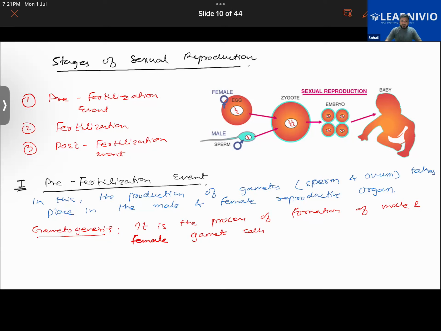Like in the chapter you would have studied on reproduction in plants, there you would have studied that male gametes are formed inside the anther of the flower. Remember that? For those of you who have studied that, you would have pollen grains, right?